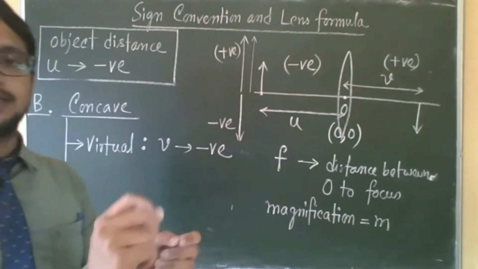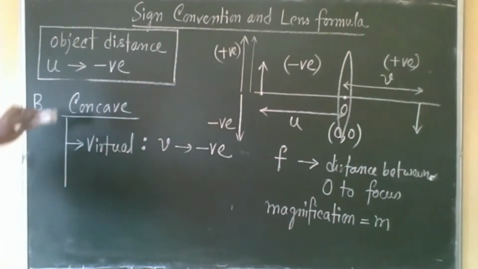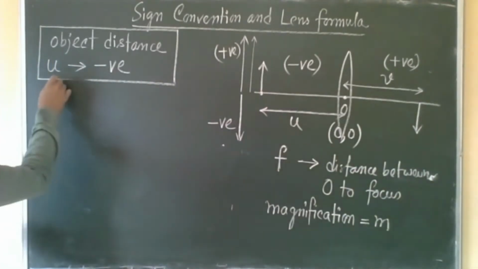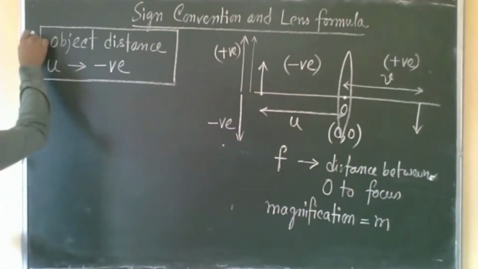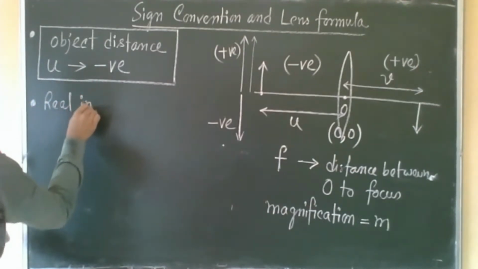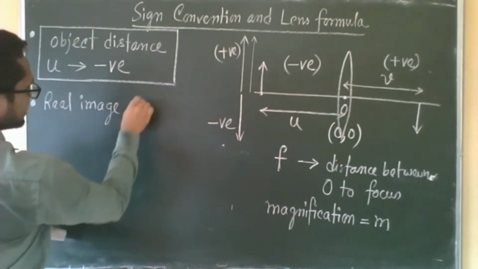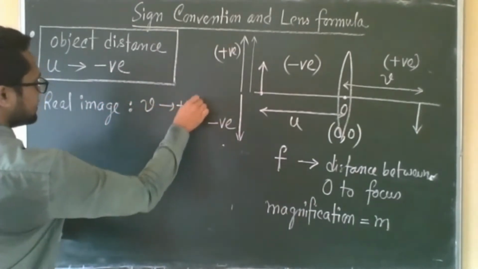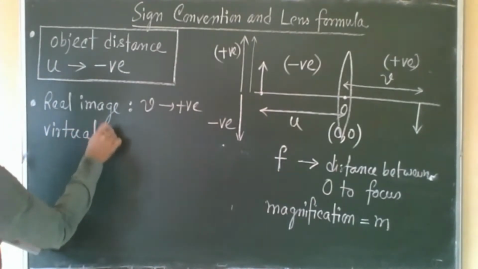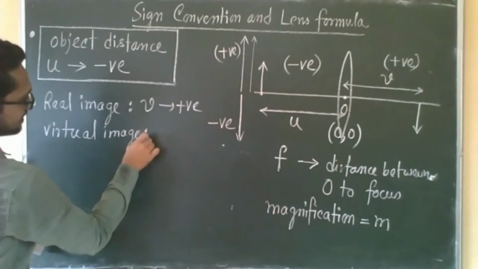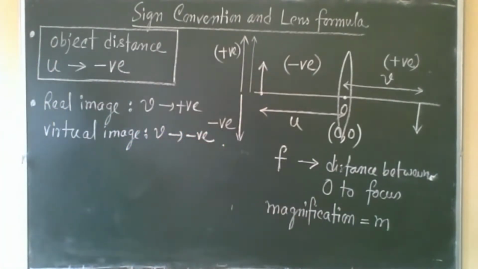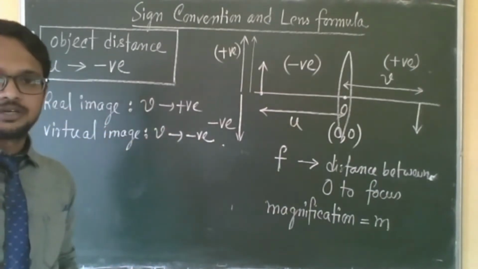So virtual image means v is negative and real image means v is positive. In general, if I write here, u will always be negative. This is the first point. Second point, for a real image, v is positive, and for a virtual image, v is negative. Clear? So two points done.